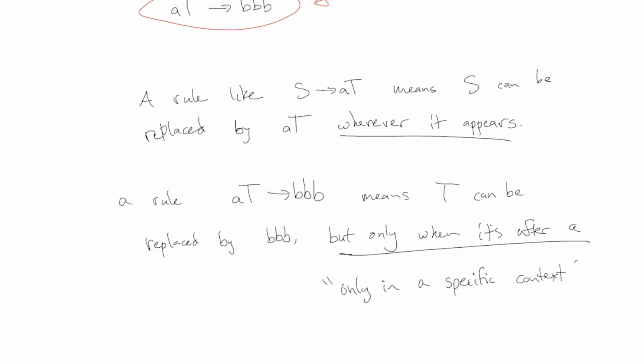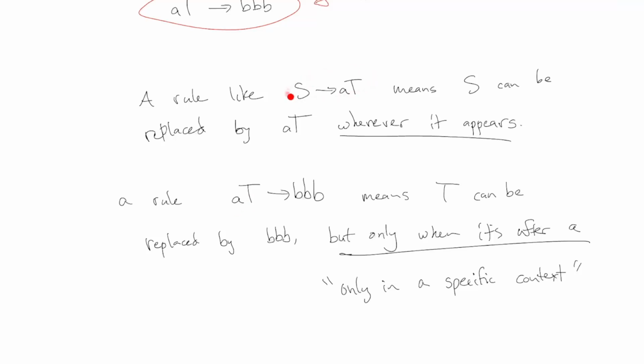That's where this word context comes in. So this production rule is a substitution you're allowed to do, but only in certain contexts, that is, when the T is preceded by a little a.